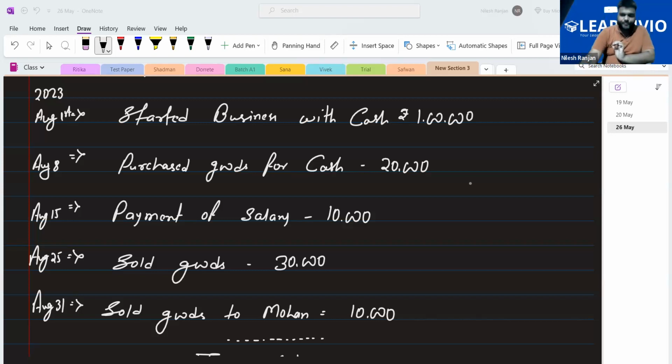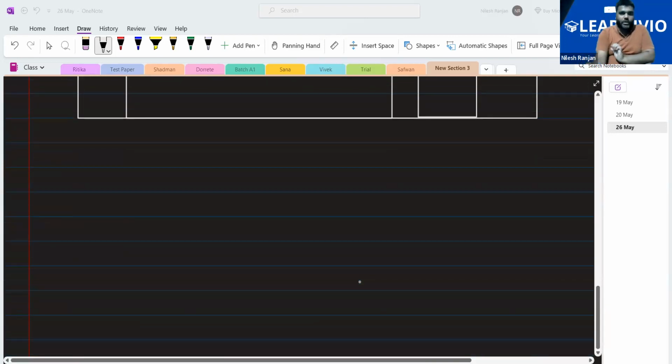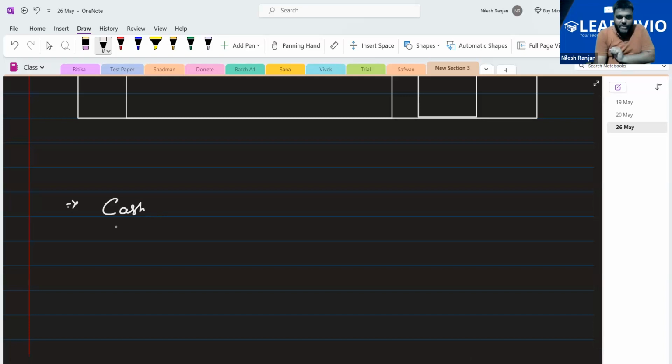The reason is, in every transaction, you have to see which accounts are included. So here in the first transaction, there is cash and owner, because the amount is given by the owner. Okay, is that clear?